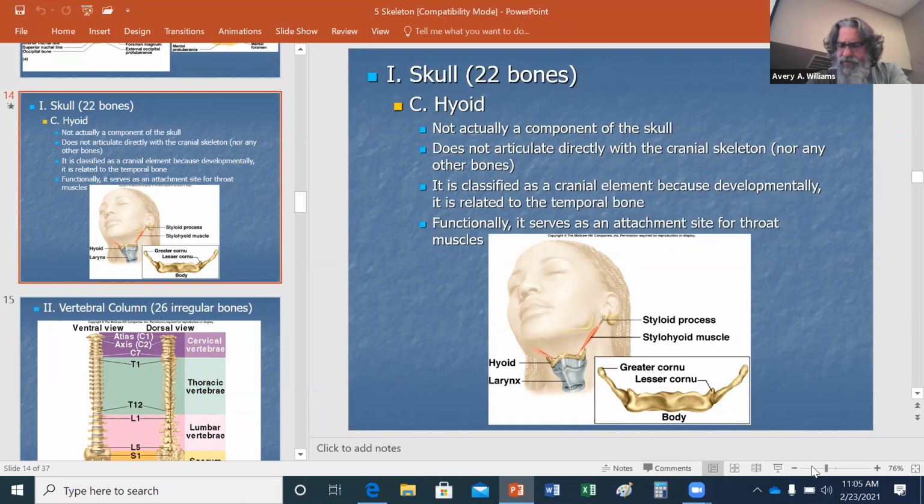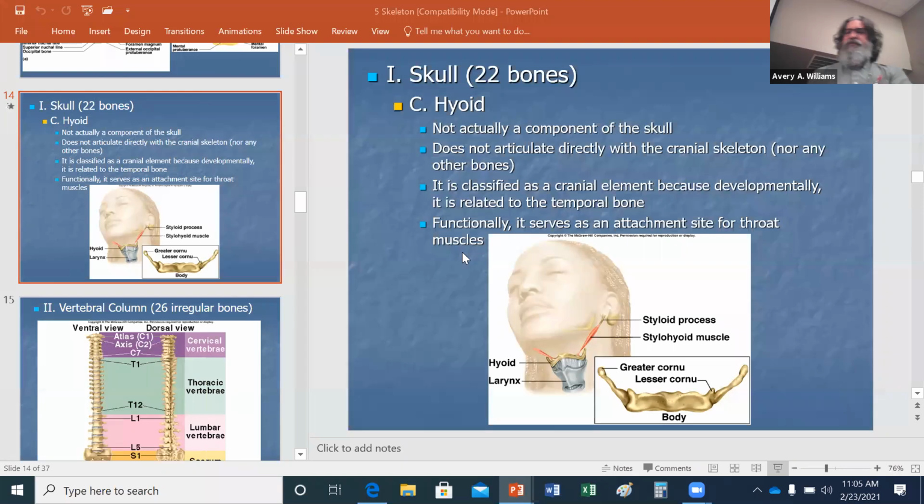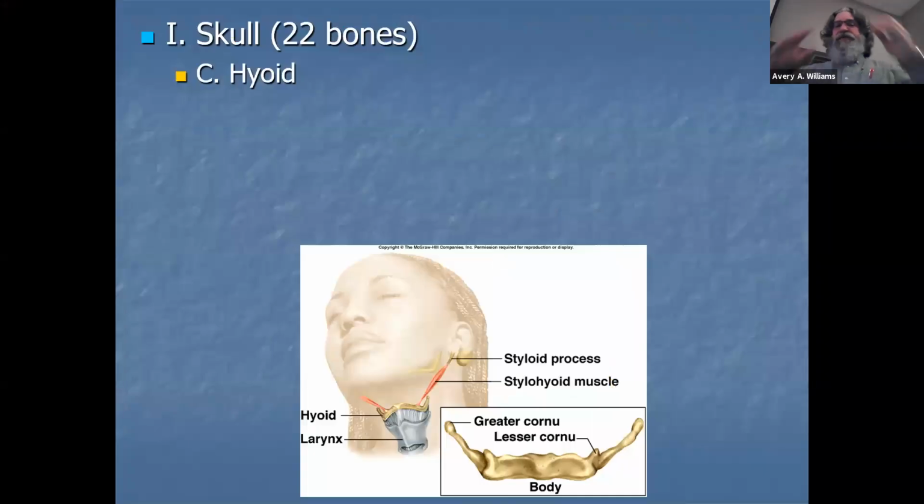So let me pick up here, get this going. Let me fix this for everybody in here. There we go. The hyoid bone. I don't know if you remember last time we were talking about facial bones, and the first one I mentioned was the dentary bone or the mandible.